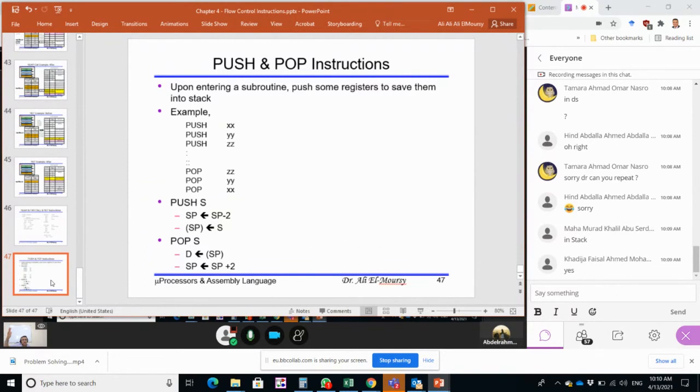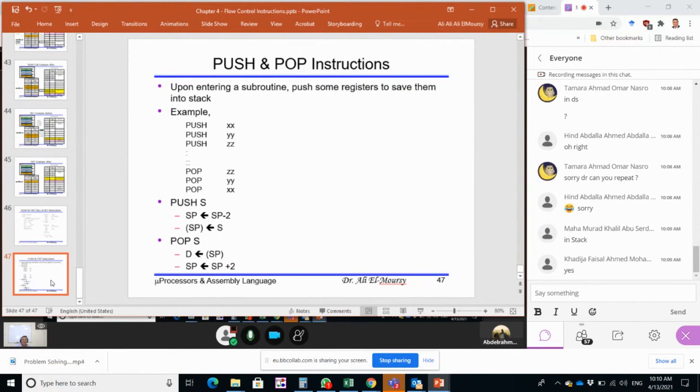So the programmer who is programming some subroutine cannot assume that the registers are occupied, because that would make it difficult for him to write his code. He can't write code unless the registers are free.